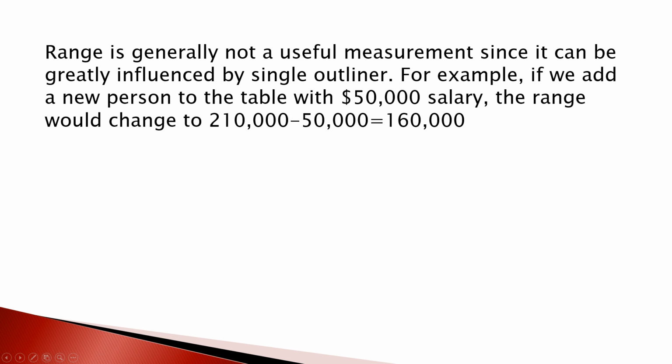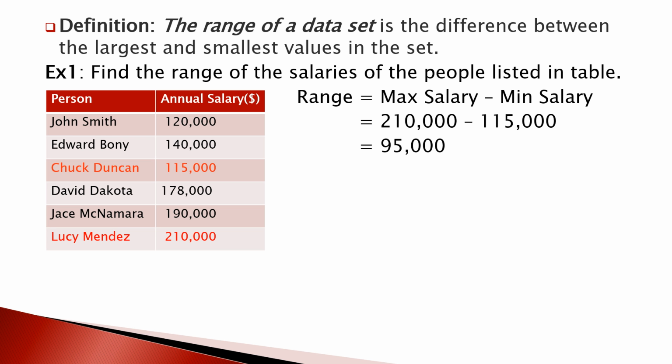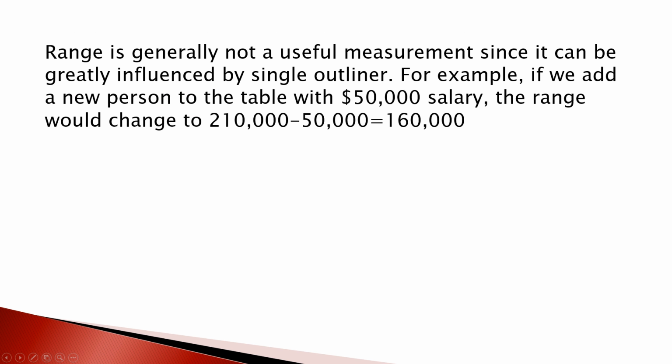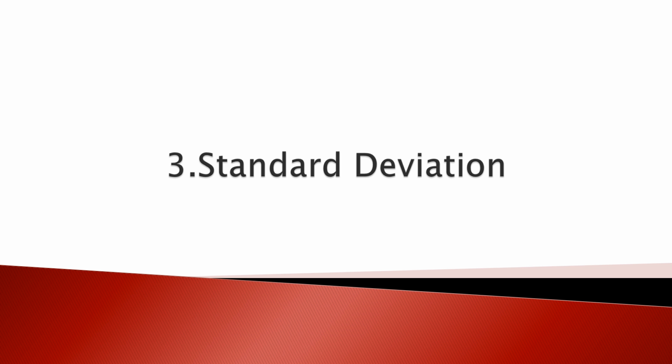If you change the minimum salary to 50,000, then the range is gonna be 160,000. So it will quickly jump from 95,000 to 160,000. So that means it's influenced by single smallest or largest numbers. Okay, so that's why that's not a good way to interpret a data set.